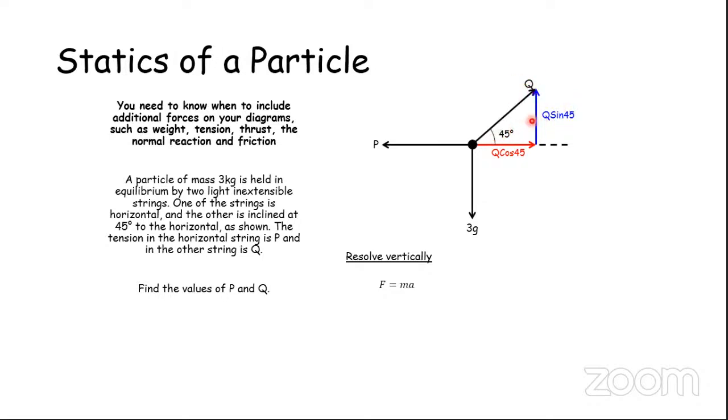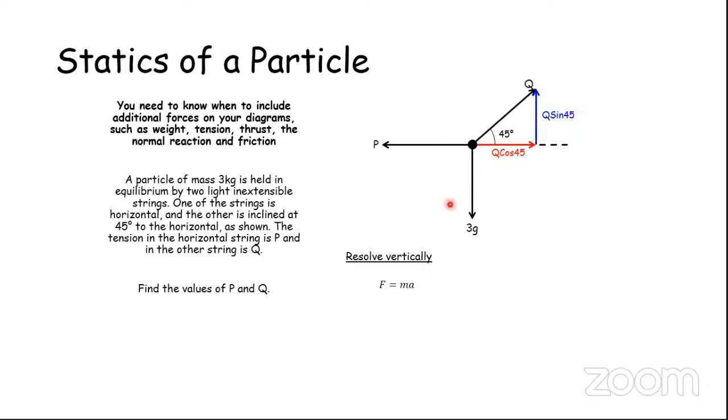So the horizontal component is going to be Q cos of 30. For us who remember some good trigonometry, cos of an angle is adjacent divided by hypotenuse. So this is big Q cos of 30 and then Q sine of 45.